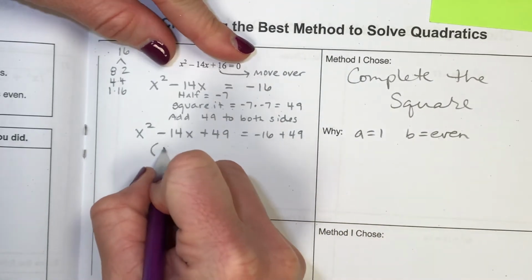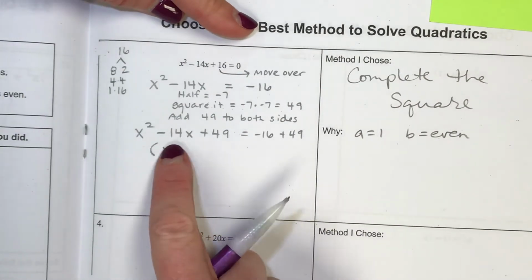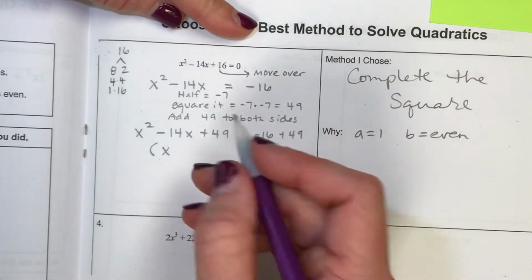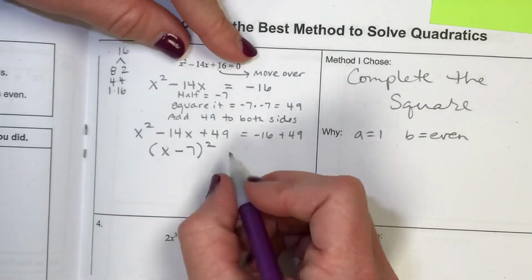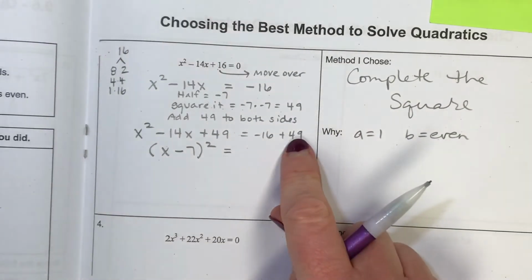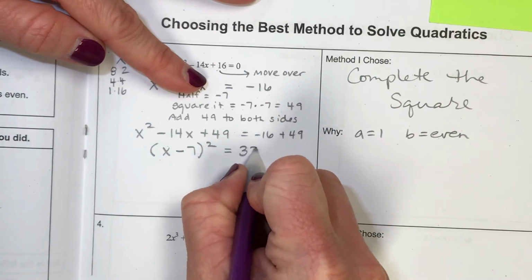And now I'm going to factor this really easily. What 2 numbers multiply to make 49 and add to make negative 14? That number that you halved goes in here, and it makes a perfect square, which is why it's called completing the square. And then 49 minus 16 for this side is going to get me 33.